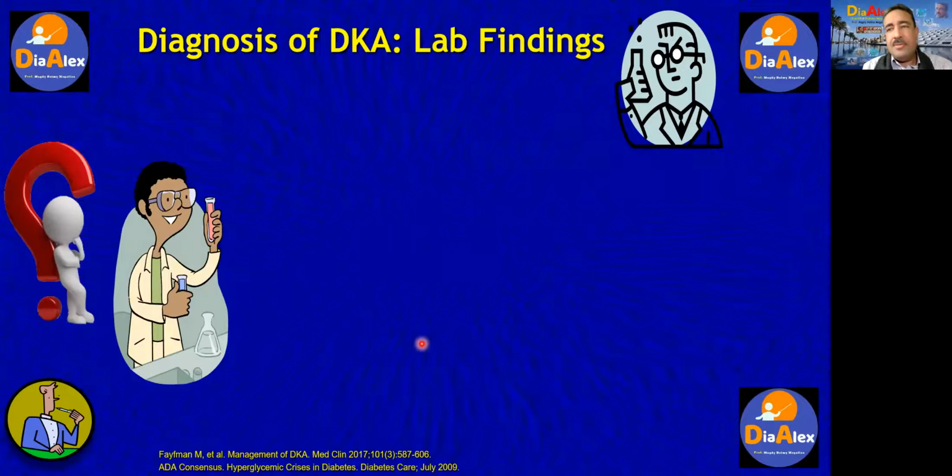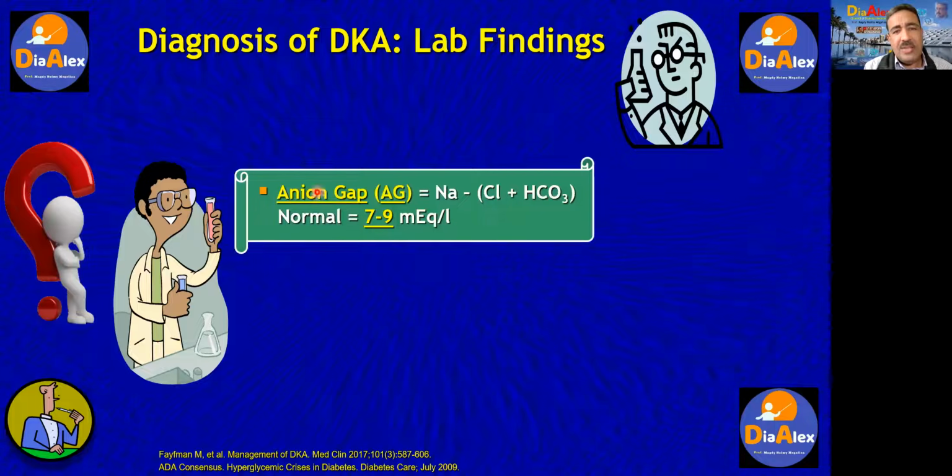Well, we need to remember together a couple of definitions which we're going to need in the treatment of diabetic ketoacidosis. Number one, what is anion gap? Anion gap equals the serum sodium level minus the sum of chlorides and bicarbonates.